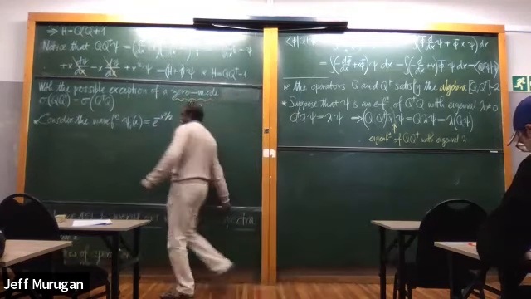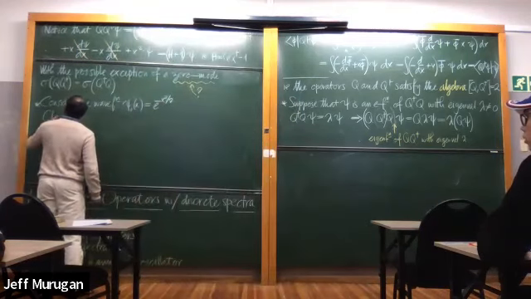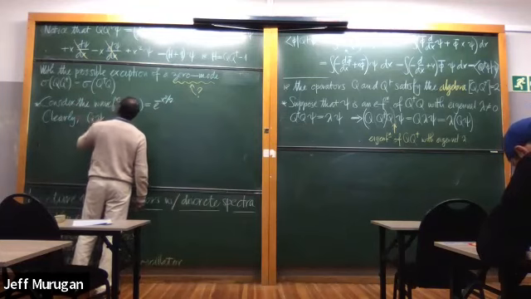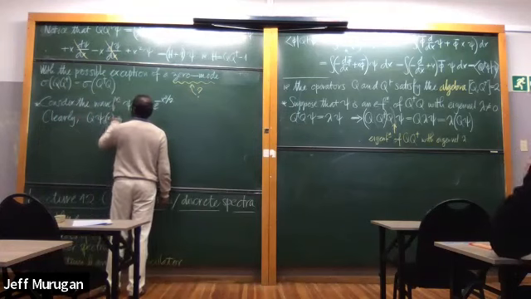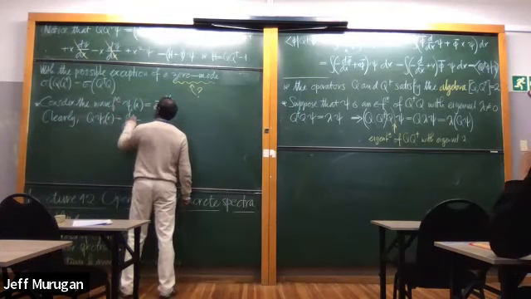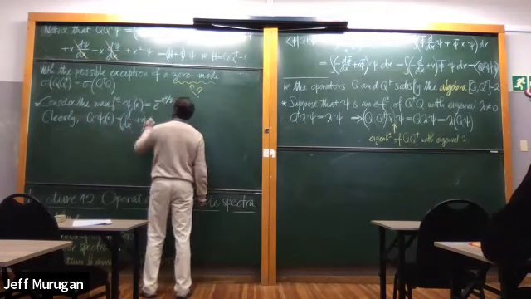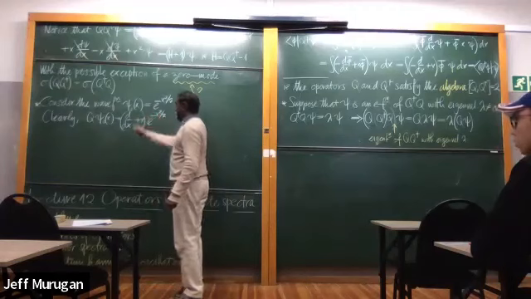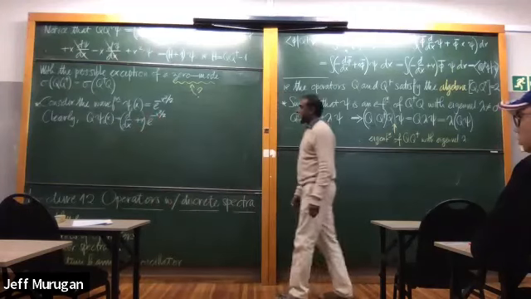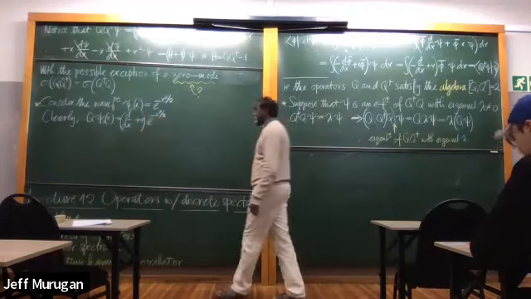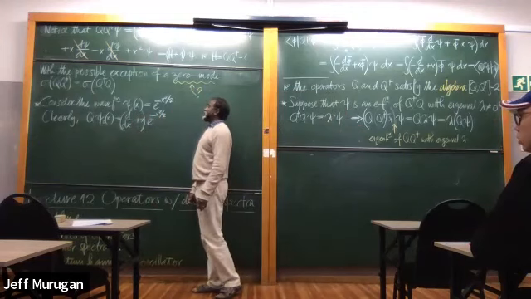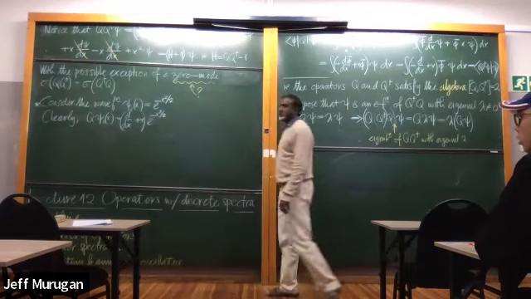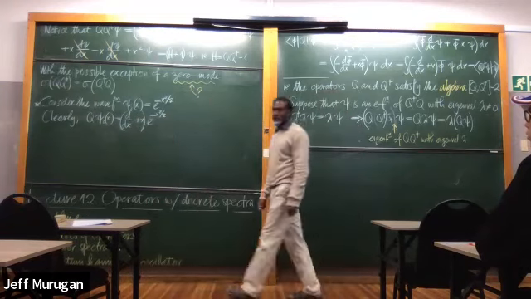Clearly, Q acting on psi naught of x is d/dx plus x acting on e to the minus x squared over 2. The first term pulls down a minus x. The factor of 2 cancels off that factor of 2 and leaves you the exponential. The second one gives you an x multiplied by that.